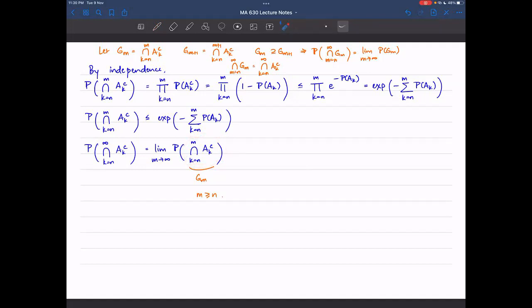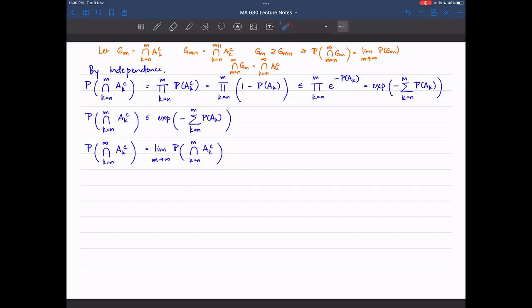So I get a decreasing sequence of sets. I have Gn, which contains Gn plus 1, which contains Gn plus 2, and so on. And so what I know is that the probability of the intersection is the limit of the probabilities. And so that's exactly what I'm using over here.